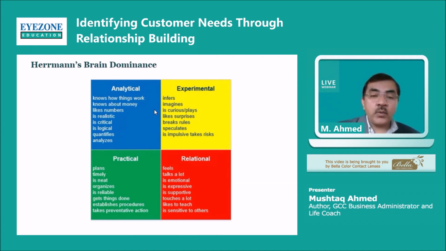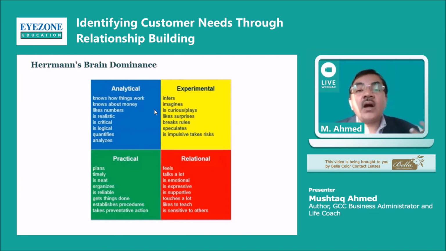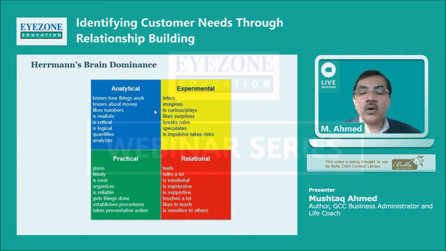So we have our own needs, which is the Maslow model, and on the other side, we have our own brain dominance. So in future sessions, when we talk about the needs of a person, what we need to do is ask them by questioning. And those questioning skills will be matched using these parameters to help us develop relationships with our customers.